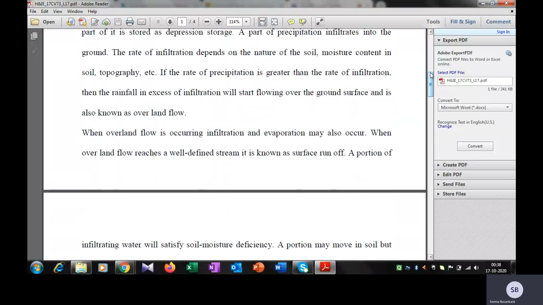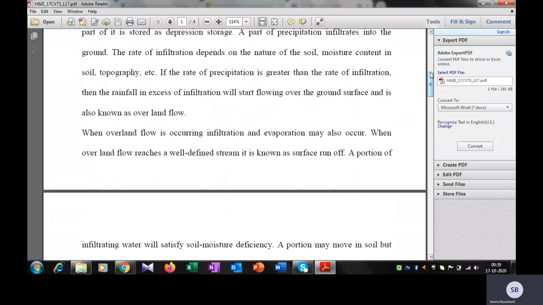When overland flow is occurring, infiltration and evaporation may also occur. When overland flow reaches a well-defined stream, it is known as surface runoff.